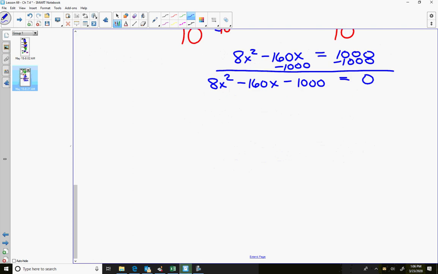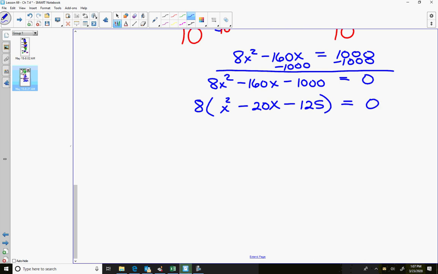And now it's up to you which way you want to look at solving this. Me, I'm going to do factoring. First step with factoring, GCF. Pull out the 8. I'm left with x squared minus 20x minus 125 equals 0.